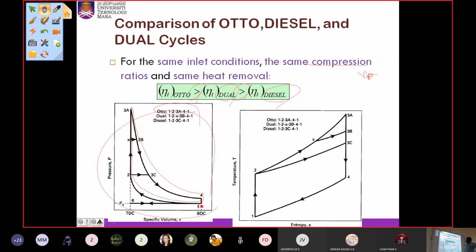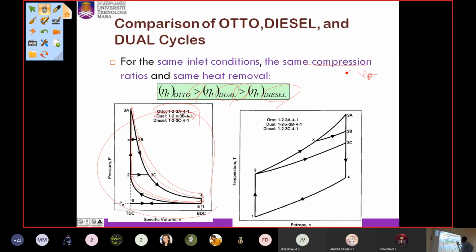Then the second one is the dual cycle. So you know: isentropic, constant volume, constant pressure, isentropic, again constant volume.